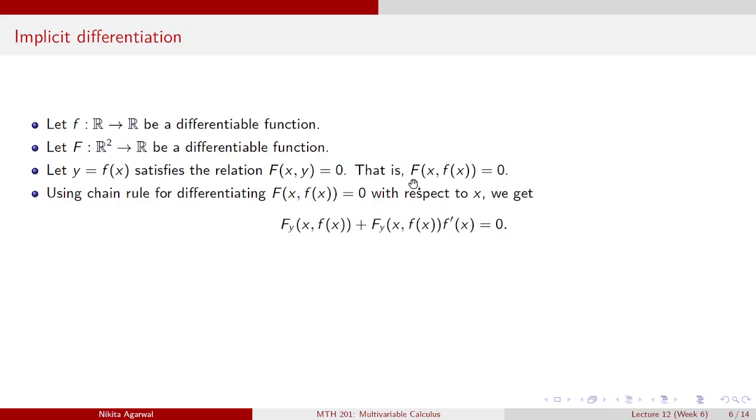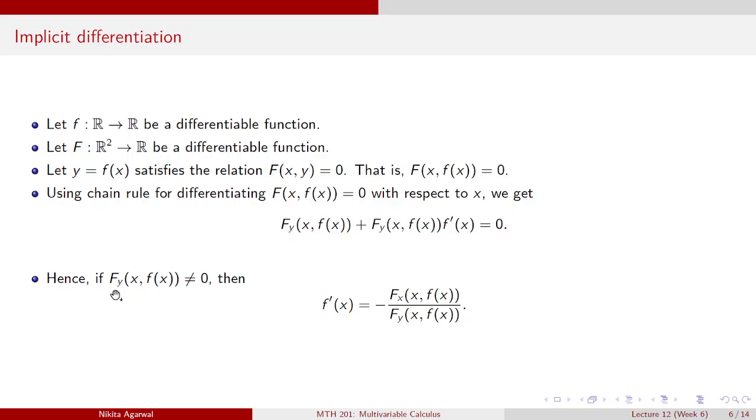By the chain rule we know that the derivative would be, I'm sorry, this should have been f(x). So you differentiate F with respect to x at (x, f(x)) plus differentiate F with respect to y at (x, f(x)), but at the y coordinate you have f(x), so you will have an extra term, which is the derivative term, that will be equal to 0.